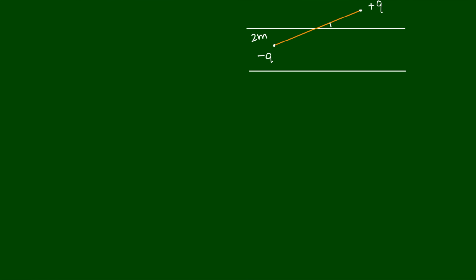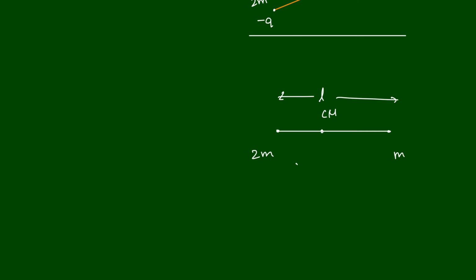For any two masses where one is 2m and another is m, we can calculate the distance of the center of mass from any mass. Suppose this is the center of mass, L is the total length, then we can say this is R1.